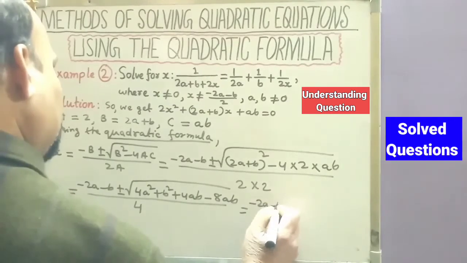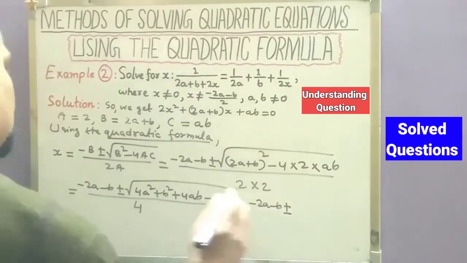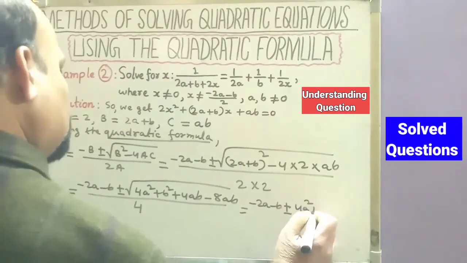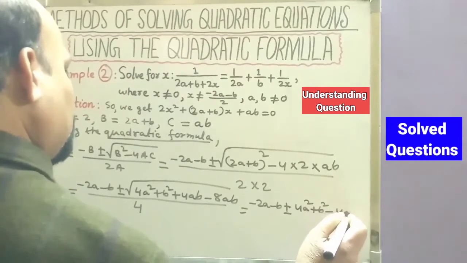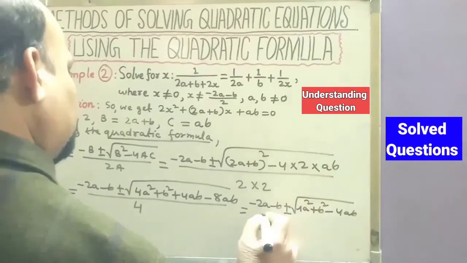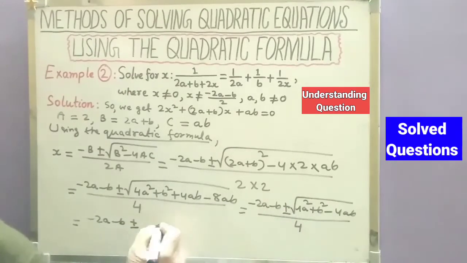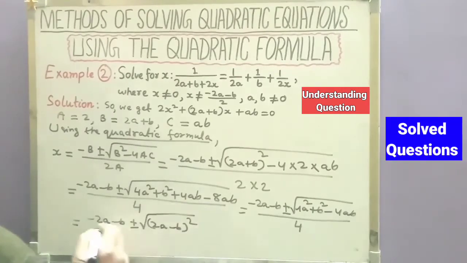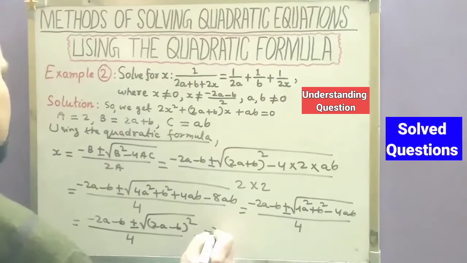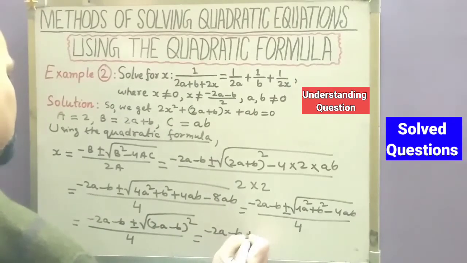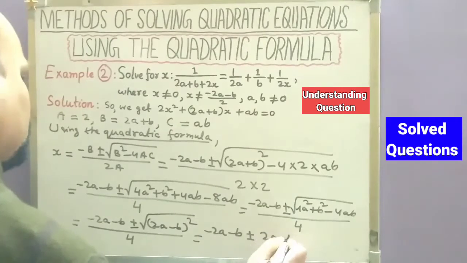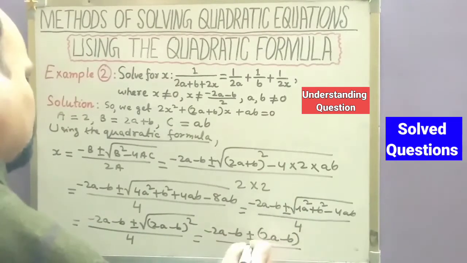Further simplifying, we get (−2a − b ± √(4a² + b² − 4ab))/4. That equals (−2a − b ± √((2a − b)²))/4. That equals (−2a − b ± (2a − b))/4.